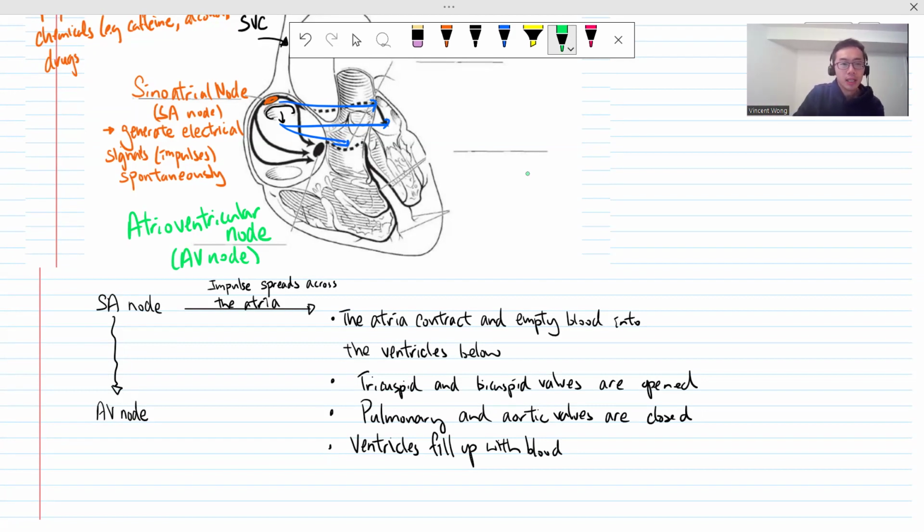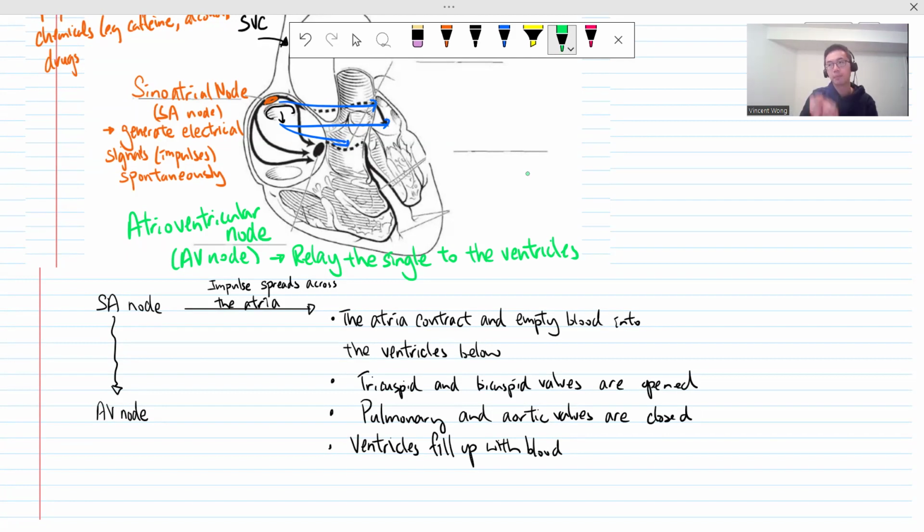I'll show you. So the purpose of the AV node is to relay the signal to the ventricles. The signal starts from the SA node and then it spreads to the AV node.